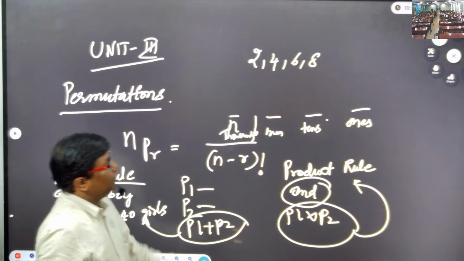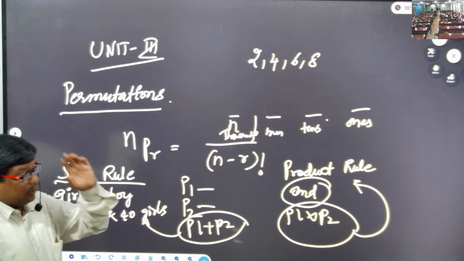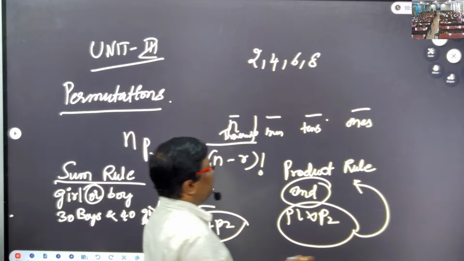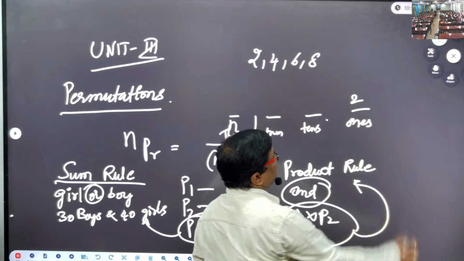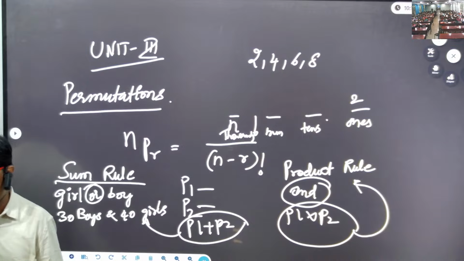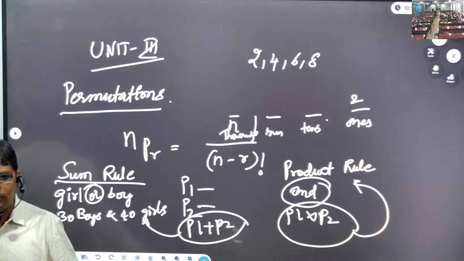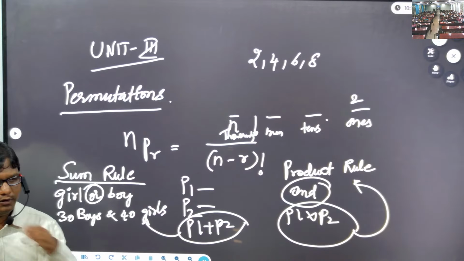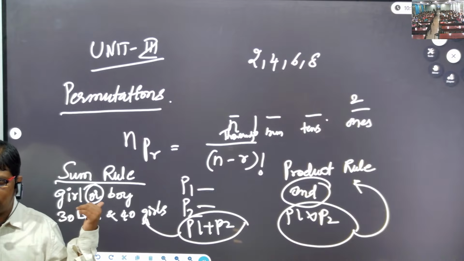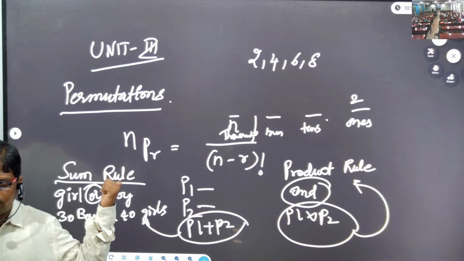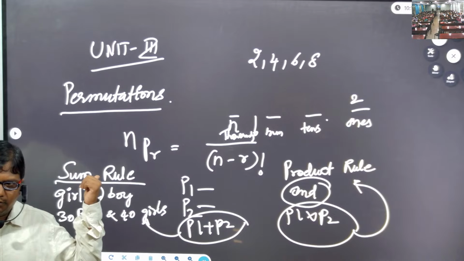Right. So if repetition is allowed, can I place 2 in the first position? Can I place 2 in ones place? Is it possible? Can I place it in tens place? Hundreds place? Thousands place? Yes.